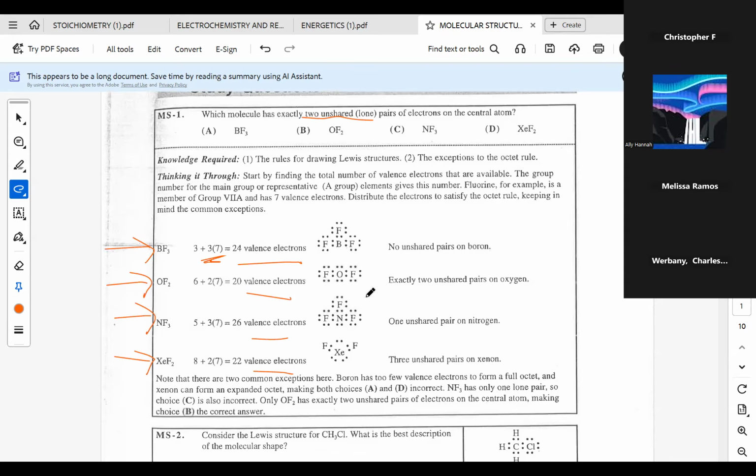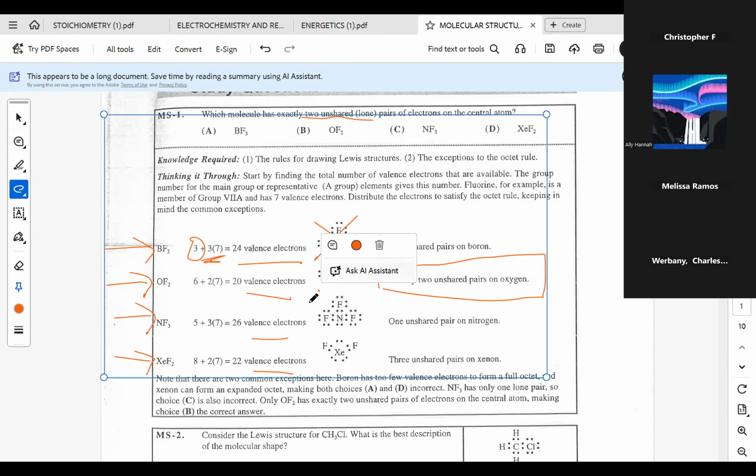It has 3 valence electrons, so this would definitely not have any lone pairs. If we did OF2, we would find 2 lone pairs on our oxygen. Sorry, guys, I can't really point to them, but the top one is not involved in bonding, and the bottom pair as well. So that's going to be our correct answer.